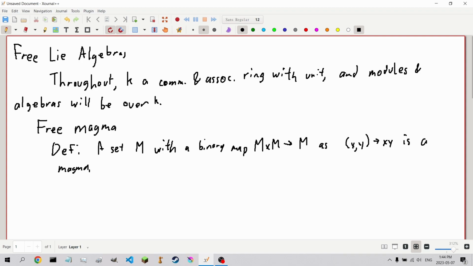Pretty loose structure. Doesn't seem like there could be a lot we could say about a magma, but we go forward here. We'll let X be a set. We're going to inductively define Xn as follows.